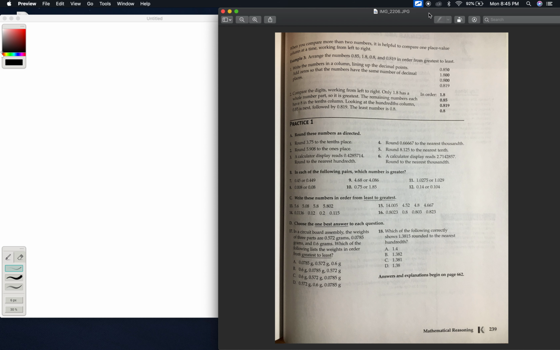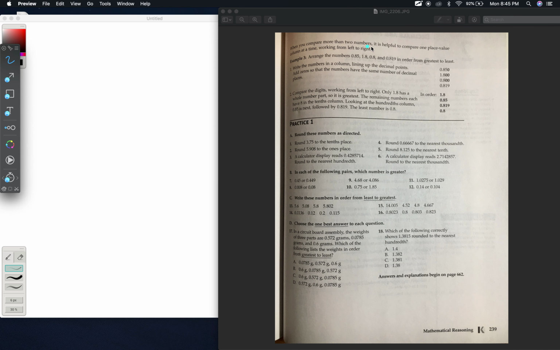When you compare more than 2 numbers, it is helpful to compare one place value column at a time, working from left to right. Arrange the numbers 0.85, 1.8, 0.8, and 0.819 in order from greatest to least.